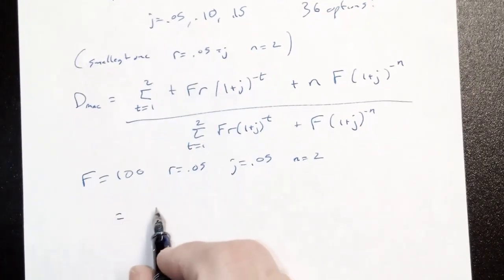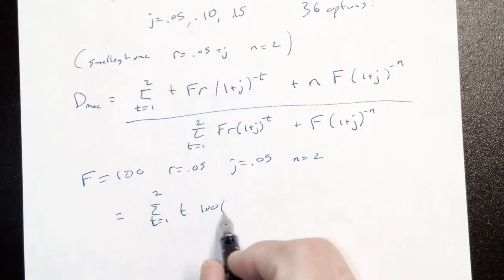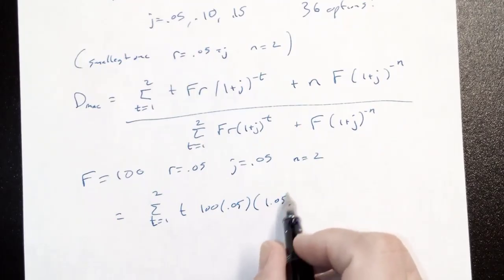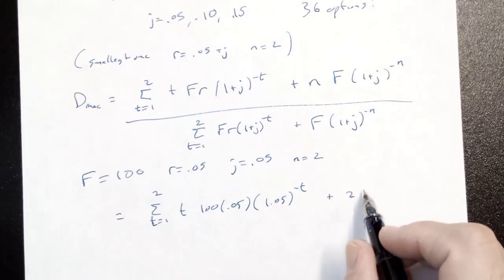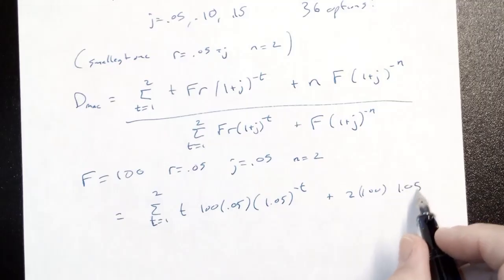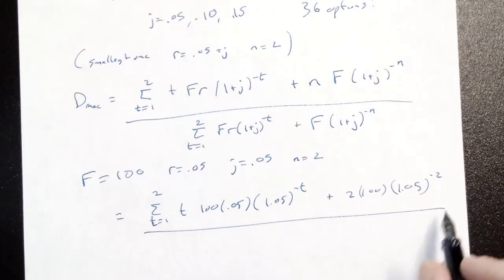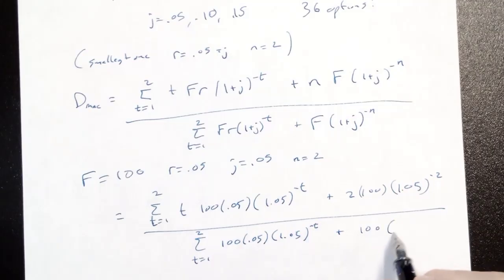So I get the sum from 1 to 2 of T times 100 times 0.05 times 1.05 to the negative T plus 2 times 100 times 1.05 to the negative 2 over the sum t equals 1 to 2 of 100 times 0.05 times 1.05 to the negative t plus 100 times 1.05 to the negative 2.